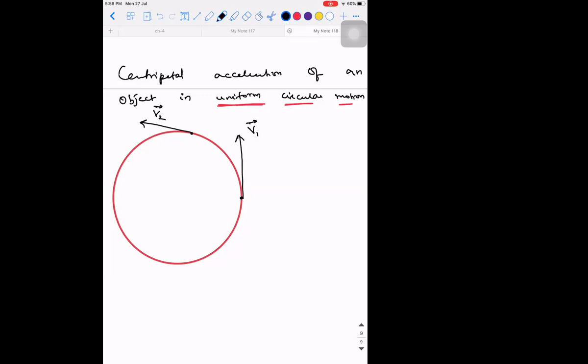Why didn't I write it as v vector and v? I wrote it as v1 vector and v2 vector. Why didn't I write it as v vector and leave it? Because the directions are different. Very good.